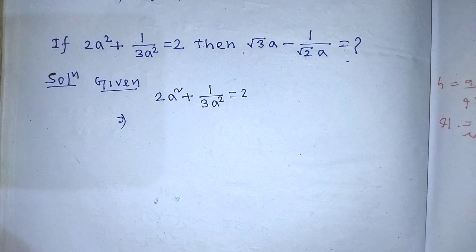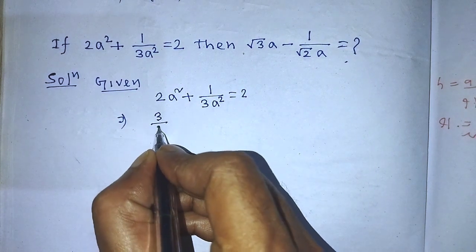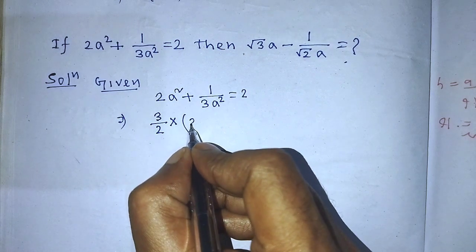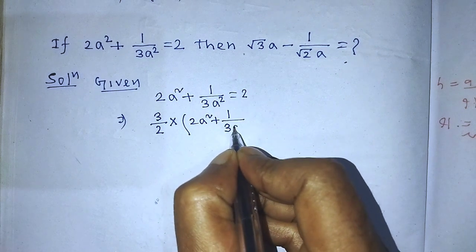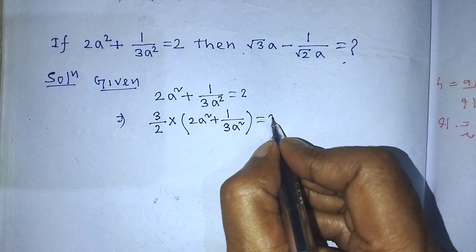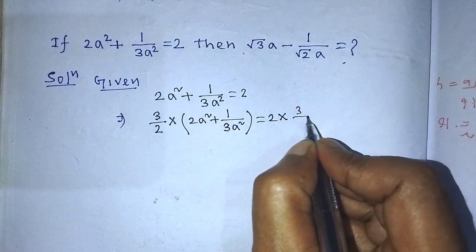On the left hand side we write 3/2 times (2a² + 1/(3a²)), and on the right hand side we write 2 and multiply by 3/2.